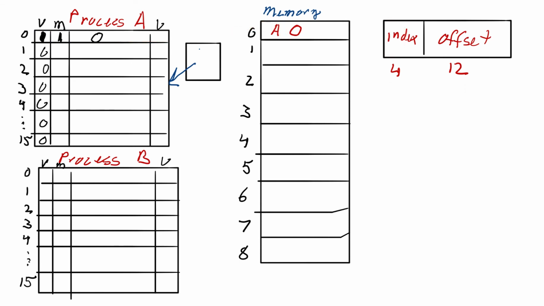Now the process is probably going to ask for some other memory location next. Let's say that it asks for something on page 4. As it goes to translate the address and looks there and sees, oh, that's invalid, the CPU will throw another page fault. The operating system will wake up. It'll say, okay, I'm going to mark that valid. I'm going to mark it in memory.